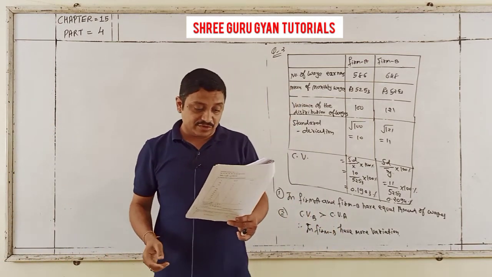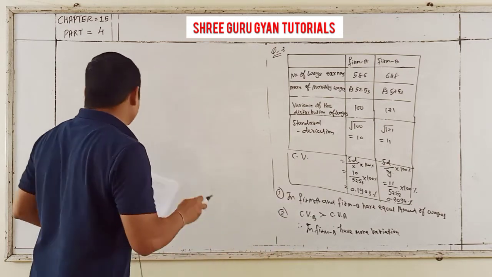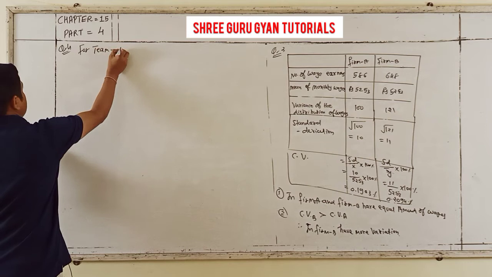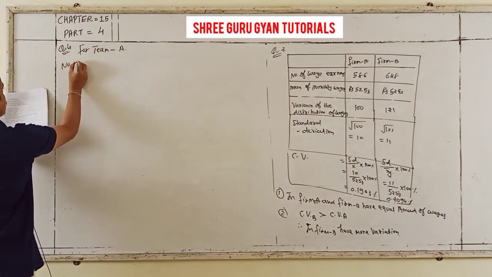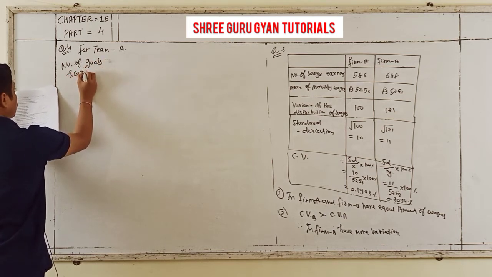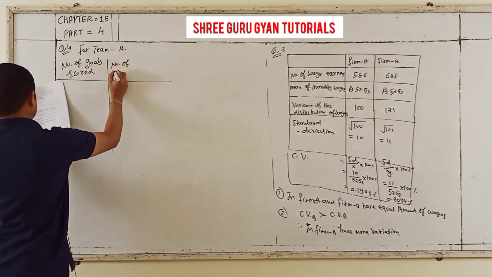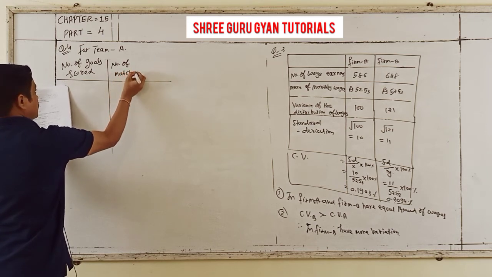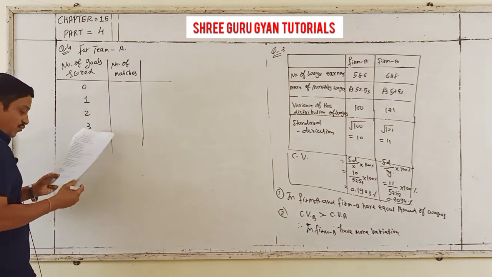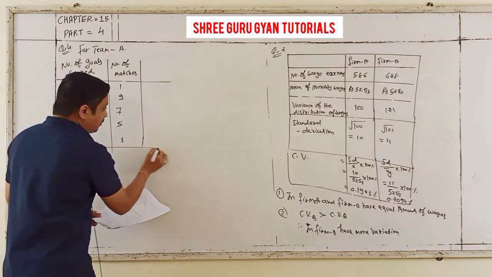From the following records given, number of goals scored and number of matches for two teams, team A and team B. I will decide first for team A: number of goals scored, and secondly number of matches, 0, 1, 2, 3 and 4, and here given 1, 9, 7, 5 and 3, and team B too.